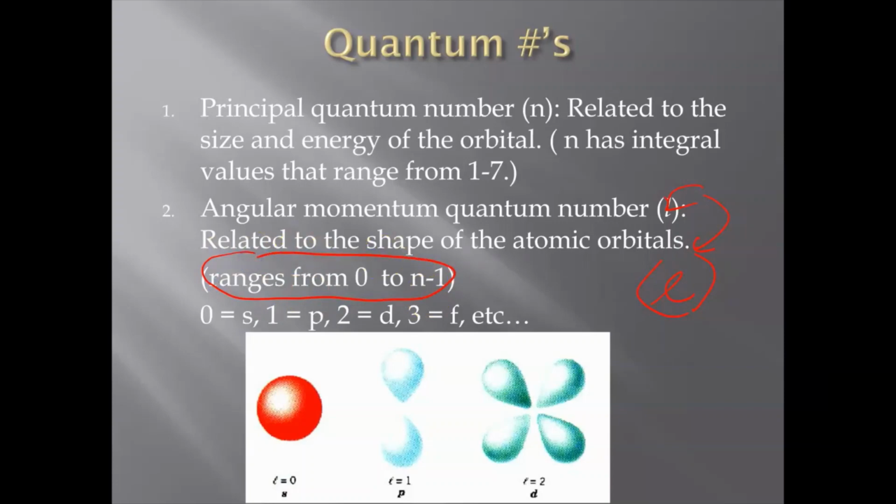We start off with s being 0, then p is 1, d is 2, f is 3, and so on and so forth. These shapes are important in terms of where the electrons can be found, the most probable place that they can be found.